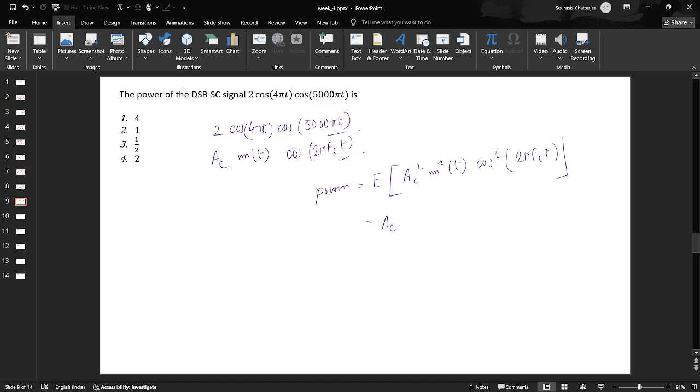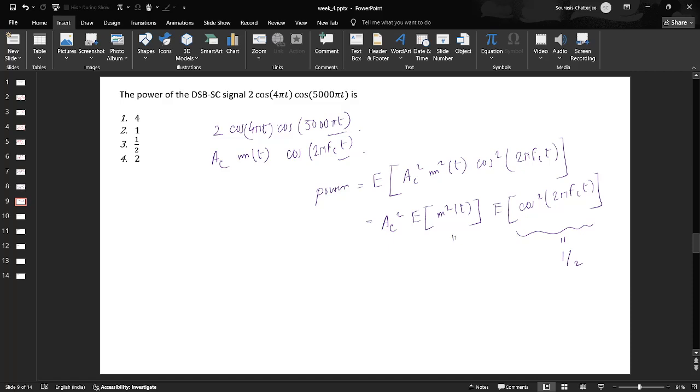Now they can all be separated. A_c square is a constant, it comes out. Here we have the expected value of m square(t) and the expected value of cos square 2 pi f_c t. This here we have seen multiple times, its power is 1 over 2.